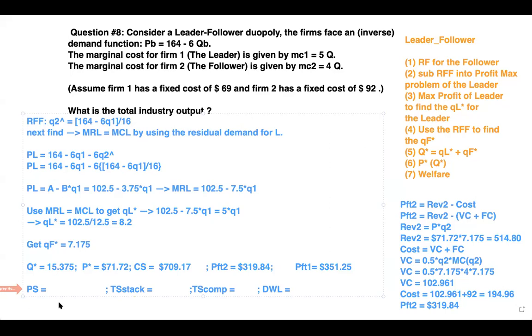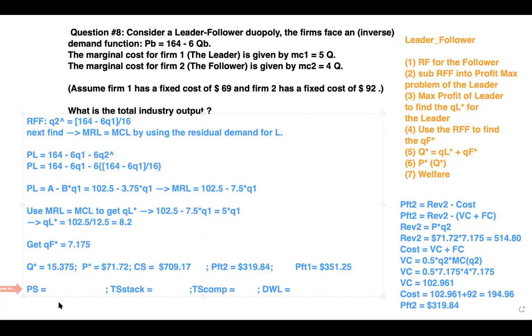You would add the producer surpluses for each of the firms together to get the total producer surplus in the market. What did you get for that? I got 633.78. Okay, that's adding back fixed cost.